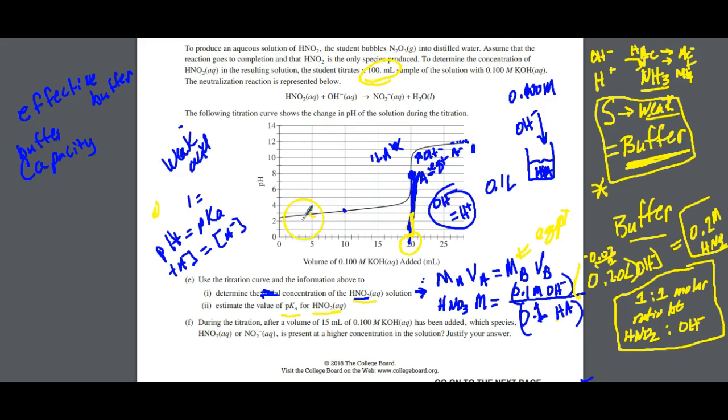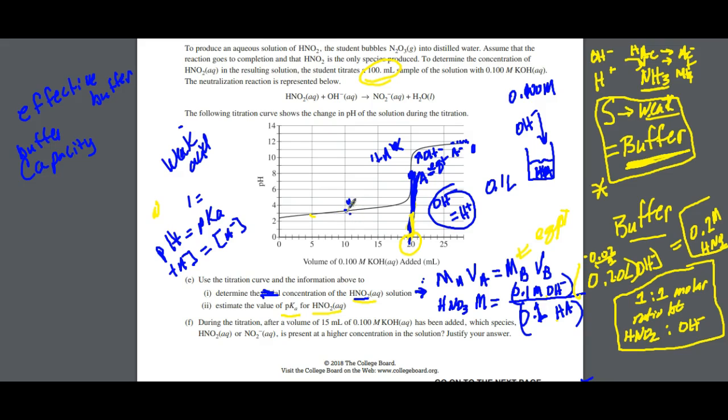Right here. Okay. I'm looking, and what I see is that this line is 4, this line is 3. So half of that is 3.5.